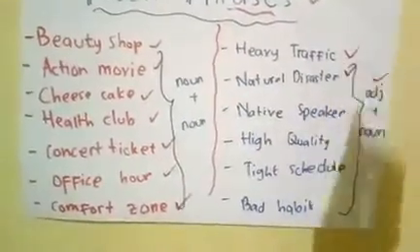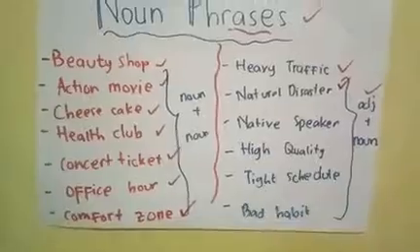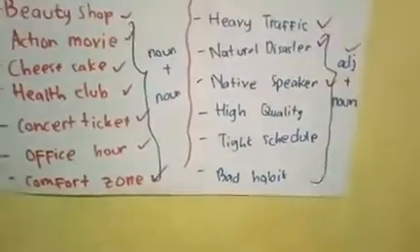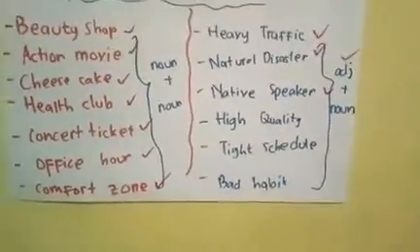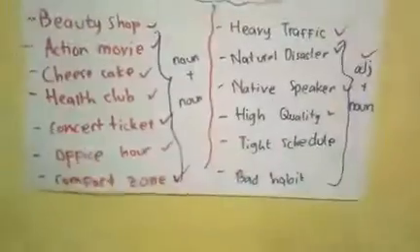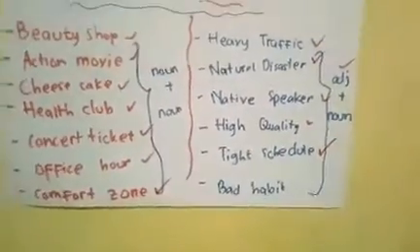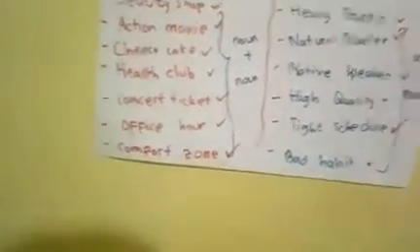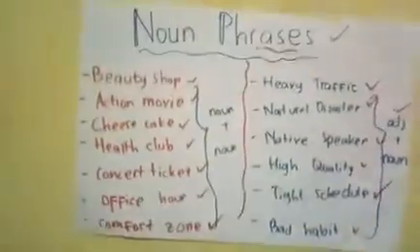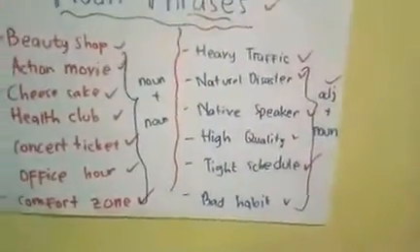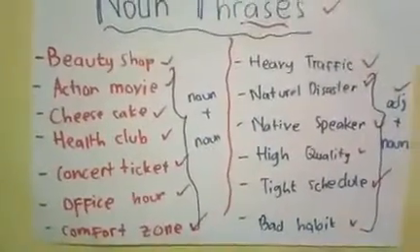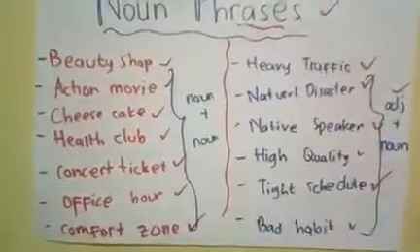Natural disaster, bencana alam. Native speaker, pembicara natif atau asli. High quality, kualitas tinggi. Tight schedule, jadwal padat. Bad habit, kebiasaan buruk. Okay, so there are many noun phrase examples that you have learned, but today let's review them.